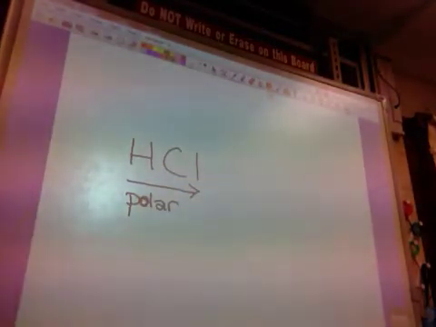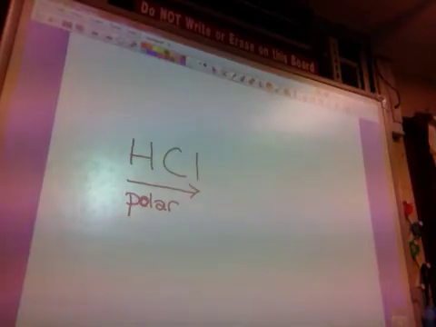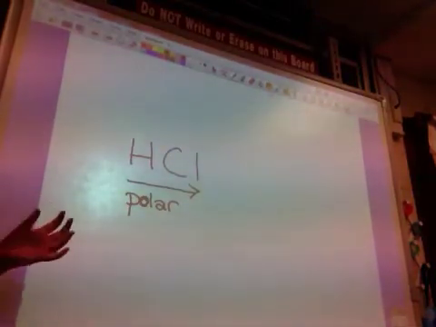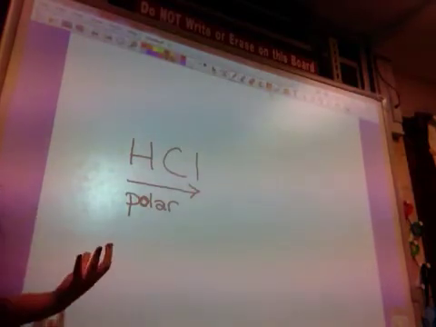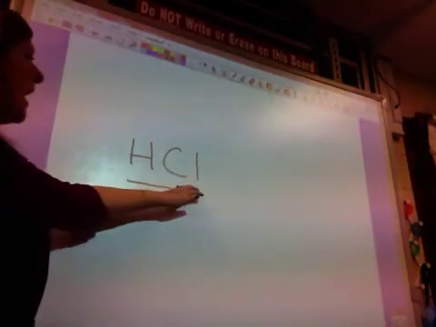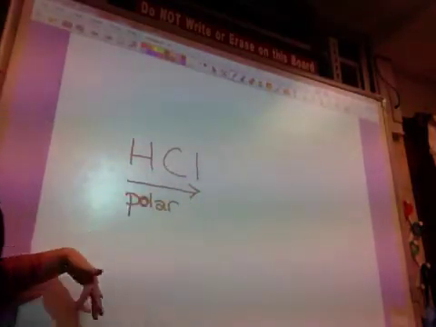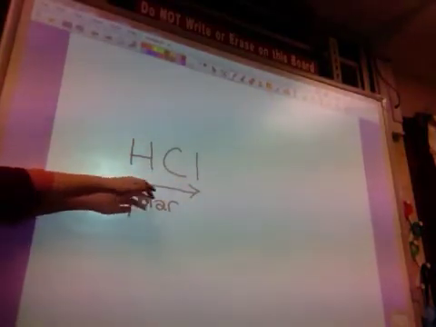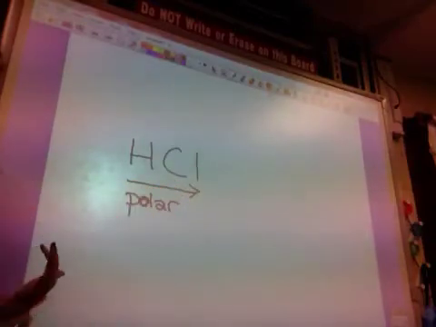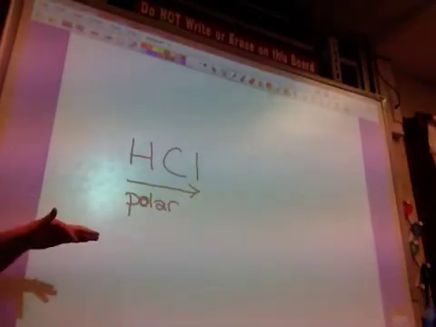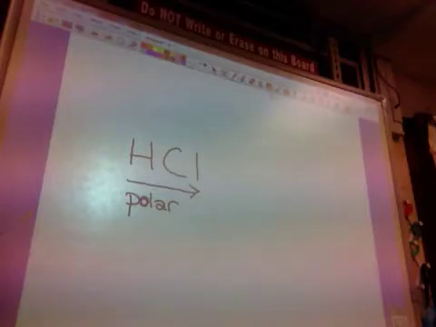A really easy way to think about this has to deal a lot with being symmetrical. If I only have one bond and I only have one dipole moving in one direction, there's nothing there to really cancel out this dipole. So that's why this is going to be considered polar.